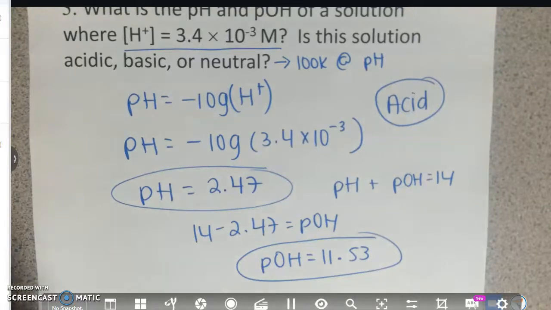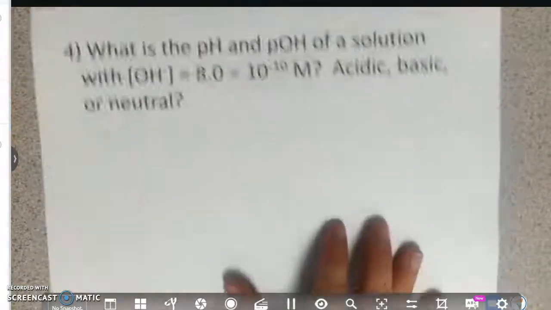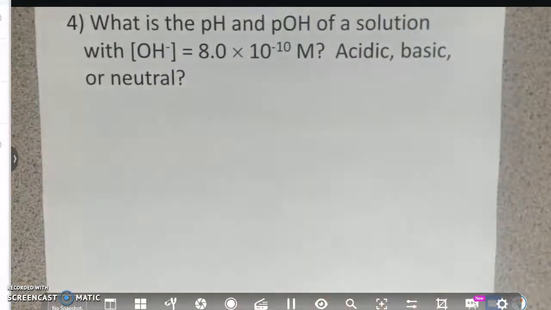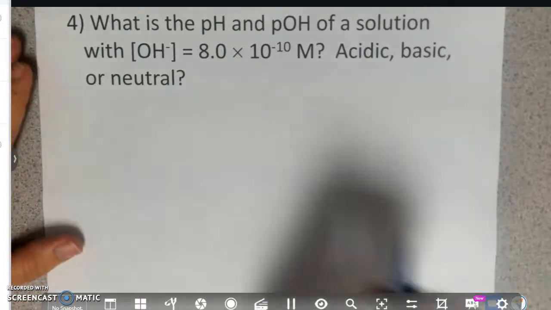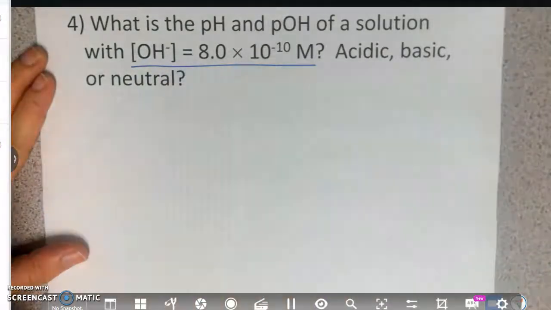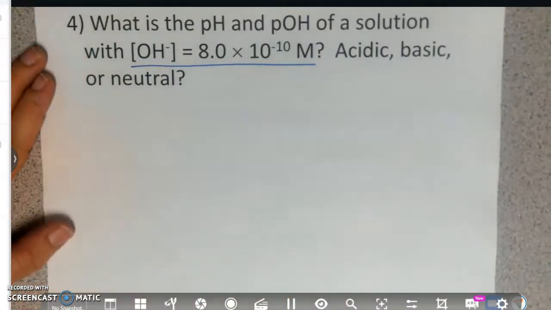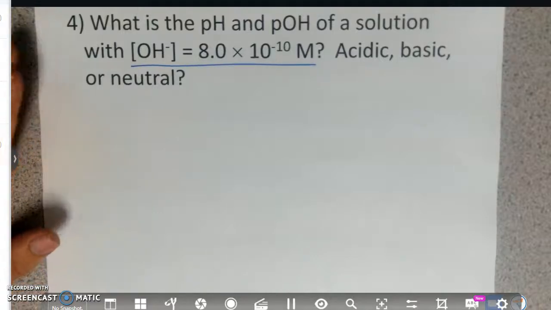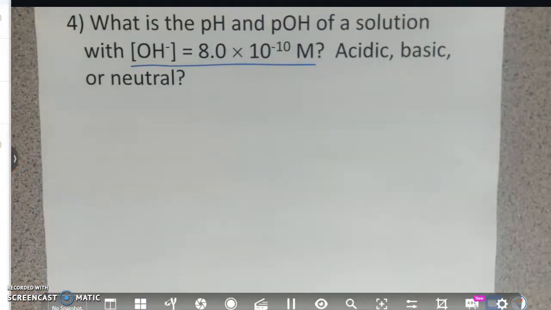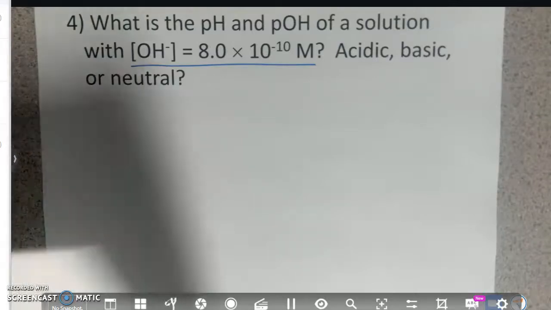Okay. Number 4. What's the pH and pOH of a solution with OH- equals 8 times 10 to the negative 10? And then is this acidic, basic, or neutral? So this time I gave us the hydroxide, or the OH concentration, and I want us to find pH and pOH.